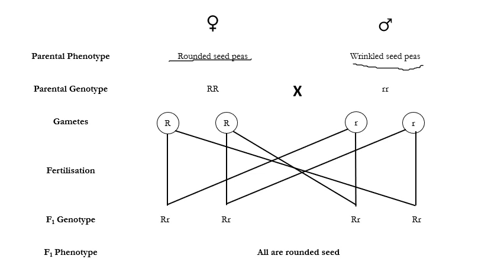From here, what is coding for these phenotypes are these pair of alleles. So this is homozygous dominant for the female, and then homozygous recessive in the male.